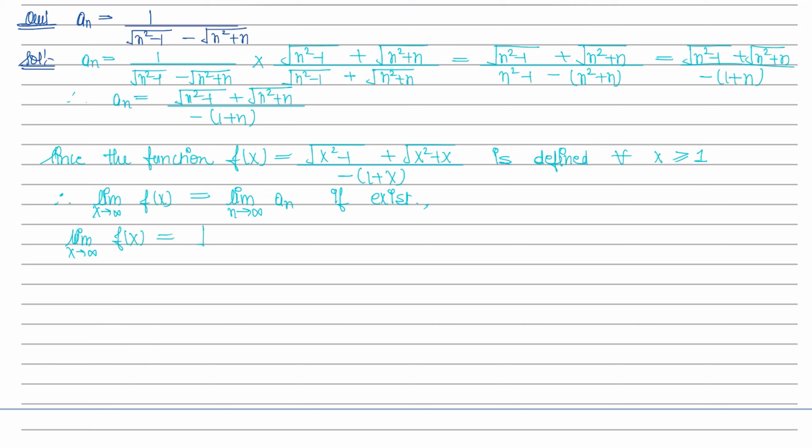If I take x common, then the expression will become x into square root of 1 minus 1 by x squared, plus x into square root of 1 plus 1 by x, whole divided by, taking x common here from the denominator, minus of x into 1 plus 1 by x. This is equal to square root of 1 minus 1 by x squared plus square root of 1 plus 1 by x, whole divided by minus of 1 plus 1 by x. So we have taken the limit also.